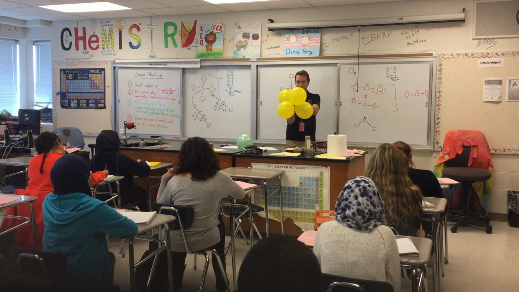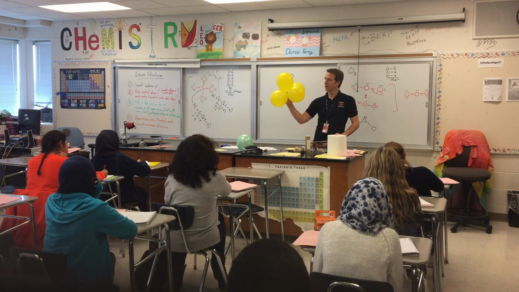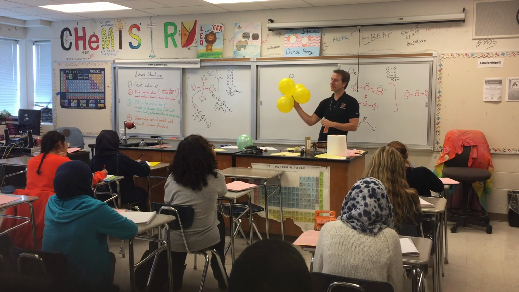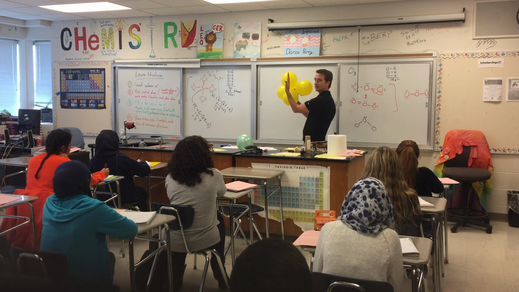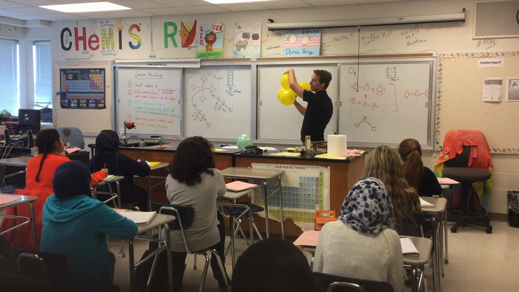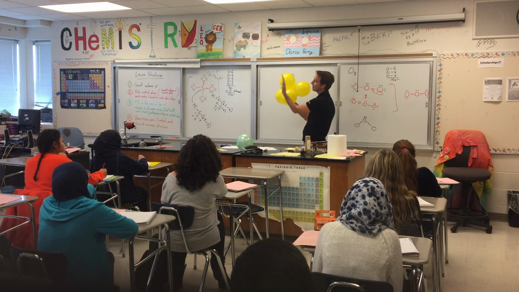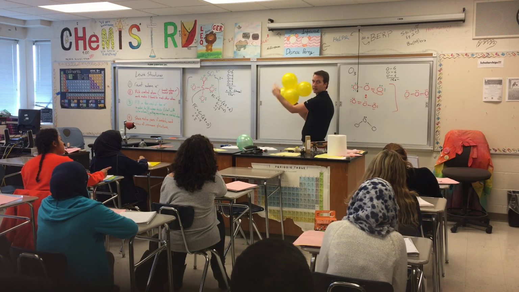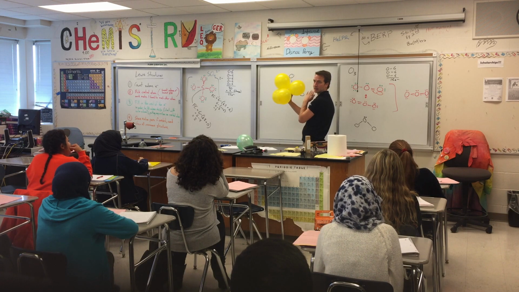So how do I draw the 3-dimensional nature of this molecule? Well, the most I can do is line up 3 of the atoms in a single plane. So if I move it this way, I can line up the atom on top, my hand, which is representing the sulfur, and this atom here, and they're all in the same plane, right? But then we have one sticking off to the left, one sticking off to the right, okay?